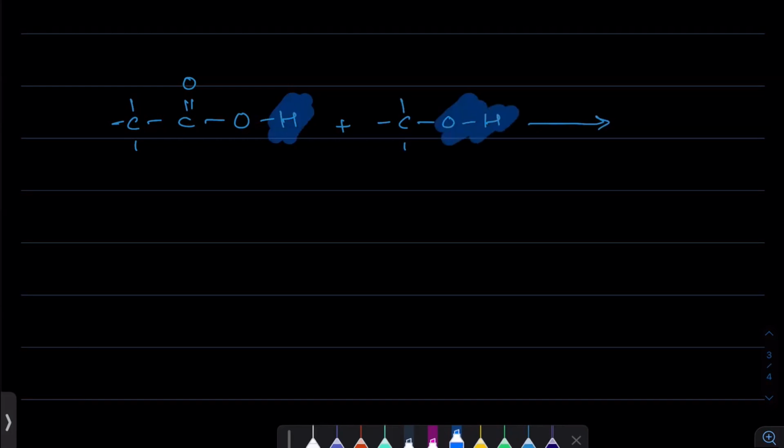Now we don't need to get into the detail of which one is removed from acid and what is removed from alcohol. I mean, it is possible to remove this H and this OH and still get the same answer. And that is fine. But it doesn't matter as far as we are concerned. Of course, if we were talking about particular isotopes और हम इसमें interested होते कि identify करना है हमने कौन सा oxygen जा रहा है, so sure we can do that.